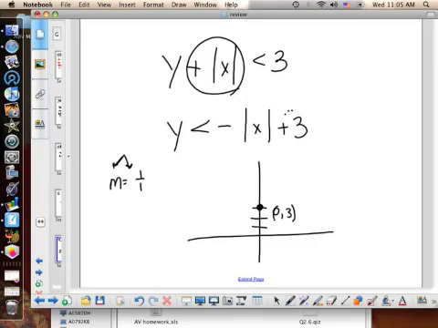Okay? My slope is 1 to 1, but it's going down. So instead of going up 1 and out, I go down 1 and out in both directions. Because the inequality is simply less than, the lines going through those points are broken. Okay?